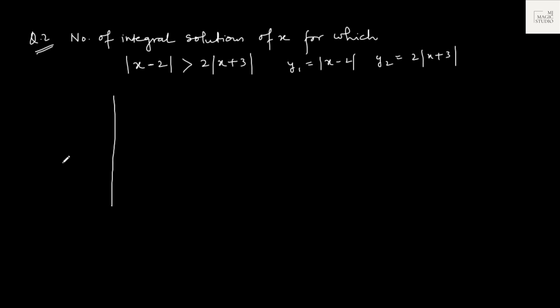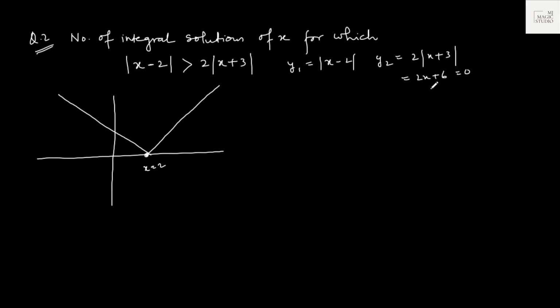So let me put it on graph paper. The first one is mod x minus 2. That means it will start from here. This is x equals 2 and then 45 degrees. This one is y2 equals 2 mod x plus 3, or we can write this as 2x plus 6 for an instant, suppose, to find the value of x.